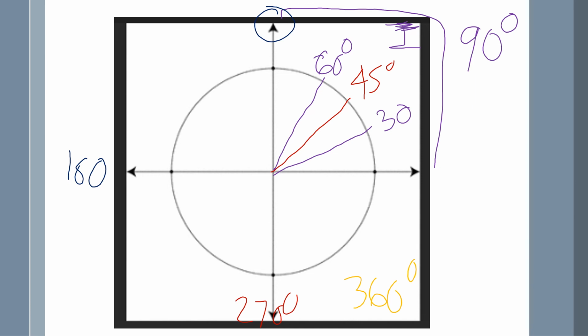All right. So how am I going to do all the other triangles? I mean, do all the other quadrants, because I did quadrant 1. So here's a trick to helping you out. In quadrant 2, why don't you go 180 minus 30, 180 minus 45, 180 minus 60.